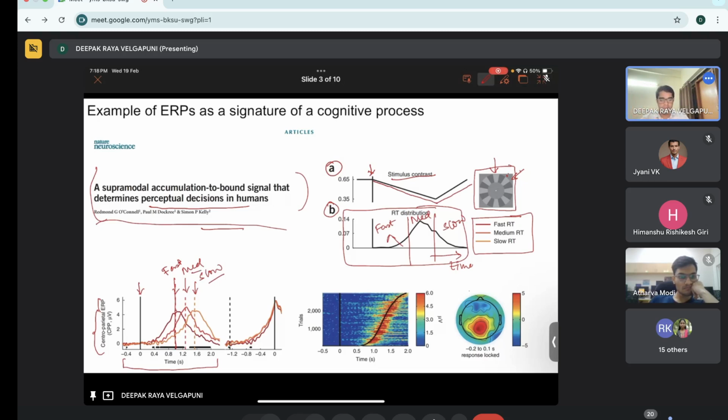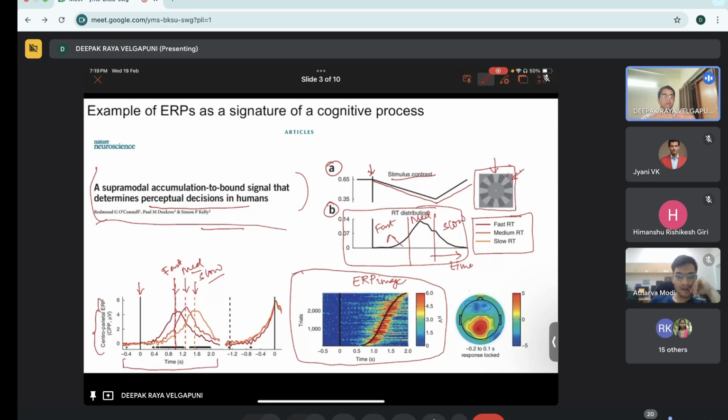They can also do an ERP image for better visualization. Instead of averaging across trials, we want to see whether it is happening on every trial or not. So they plot an ERP image here. Based on the reaction times, each trial is sorted.